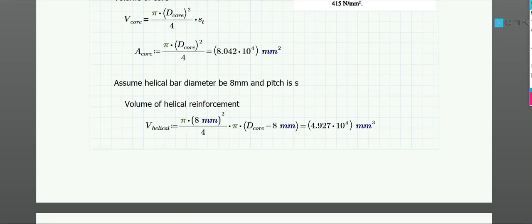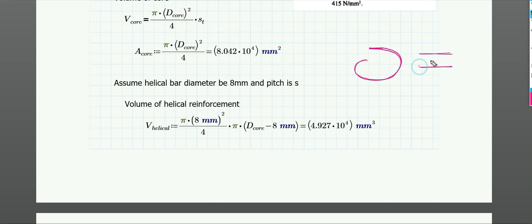The volume of the helical bar will be, see, the bar is rotating and going up and ending here for one pitch, right? In one turn it goes from here to here, so it has an elevation. In the side view, you will see two locations.